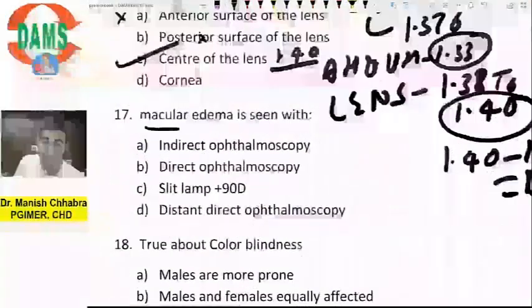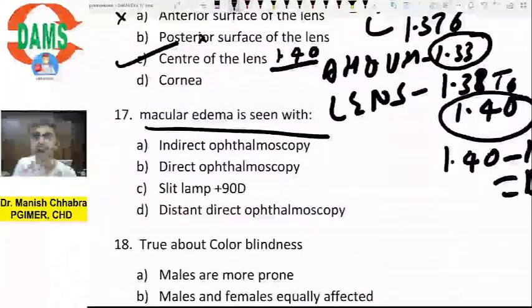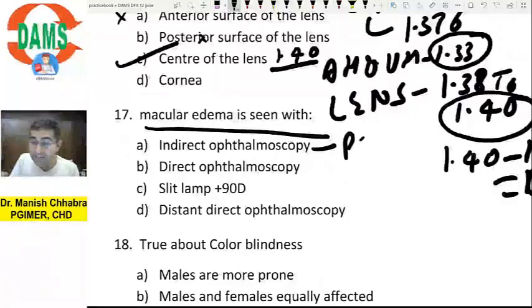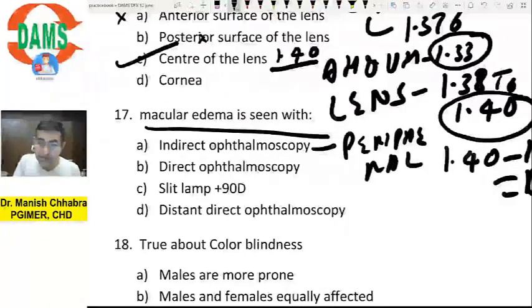Okay, macular edema is seen with... the macula is present in the central part of the retina. So any investigation that helps in visualizing the center part of the retina will help us in seeing macular edema as well. Indirect ophthalmoscopy is mostly used for peripheral lesions, peripheral retinal examination, so you cannot actually identify the central part well.